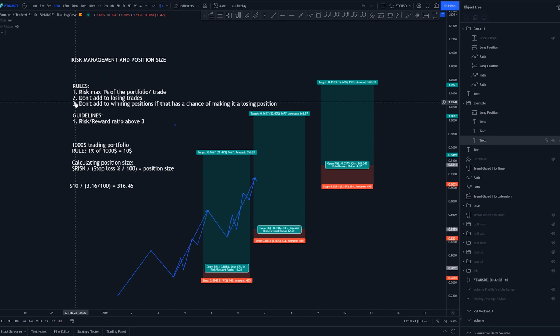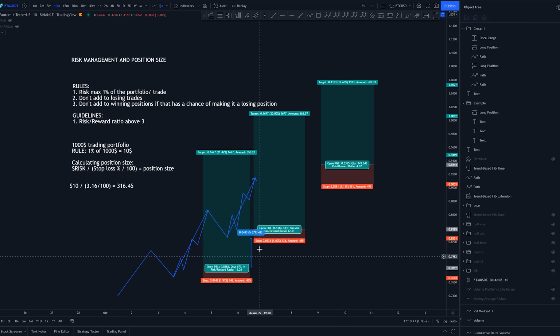And then you have this number 3 rule: don't add to winning positions if that has a chance of making it a losing position. Now you need to calculate. Your current entry was down here, and the stop loss is going to be below here.